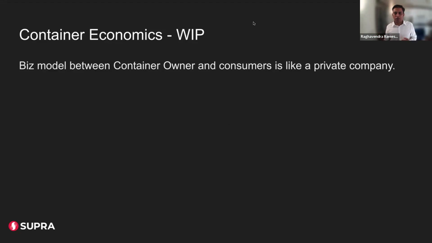If we enable all these things, the custom gas pricing, custom gas token, localized fee, that means the users pay the container owners. So perhaps there is a cut to the network, but users pay the container owners and they avail the service. So this is more like, I should say, a private company.